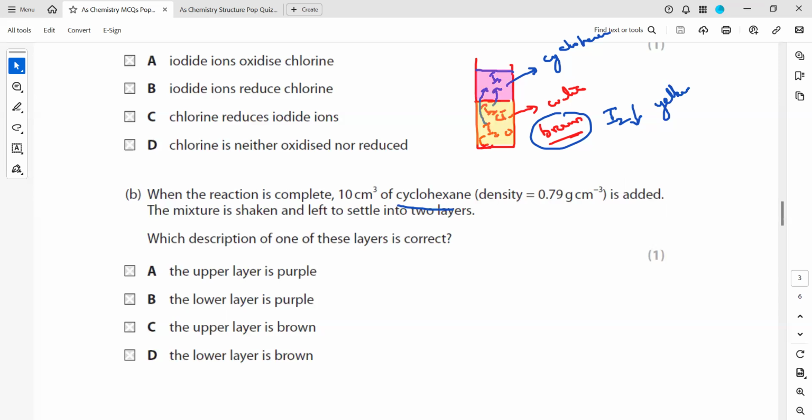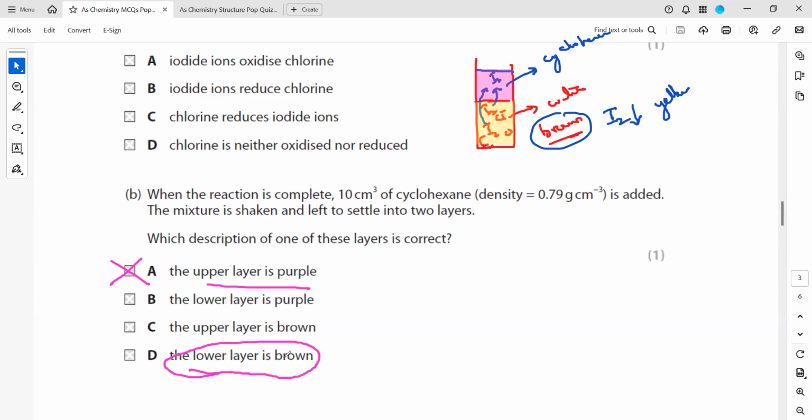So iodine in aqueous solution is a different color from iodine in an organic solvent. When iodine is in the organic solvent, the color will be purple. So the upper layer will be purple. Why is it not acceptable to say the lower layer is brown?